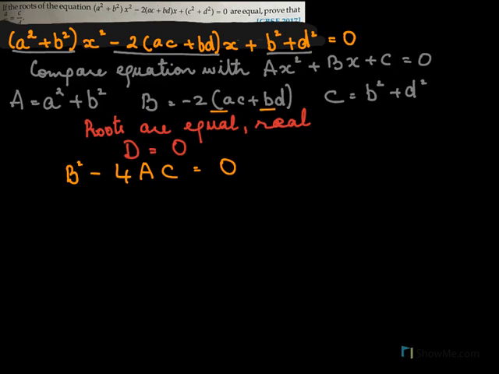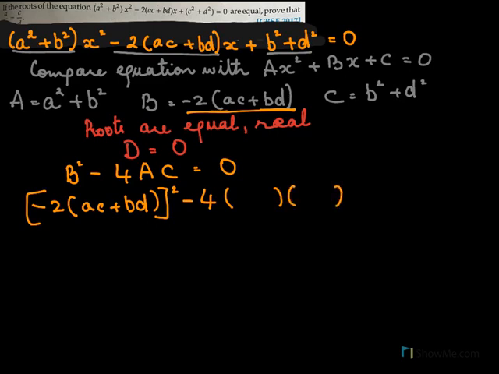Now the b is here, so minus 2 times ac plus bd the whole square, this is our b square, minus 4ac. If you see, our a is here, that is a square plus b square, and c is here, c square plus d square, equal to 0.